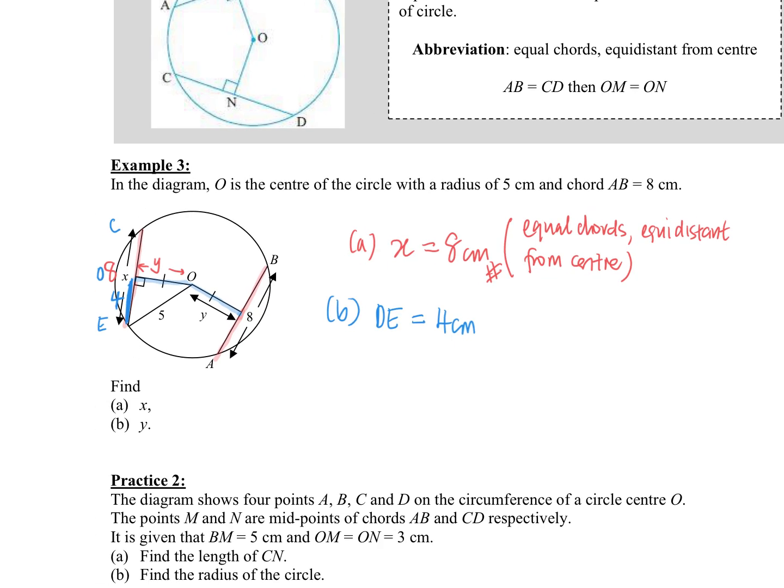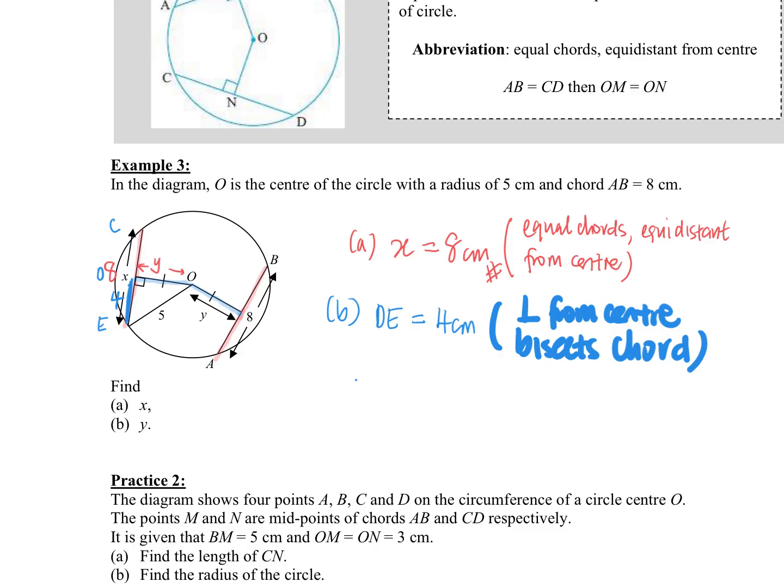Okay, so DE, you have it. The reason, like what they say, is property 2. The perpendicular line from the center will cut this into half. So write that down. Perpendicular from center bisects chord. So write the reason why you know it is divided by 2.